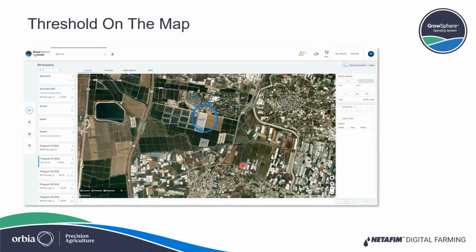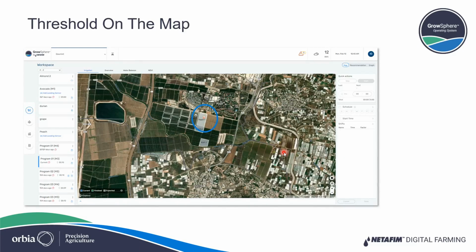And then on the map itself, once you define thresholds and you cross those lines, you can see that the device itself turned to red here. It means that you crossed the line, and maybe you should open the valve and irrigate immediately.